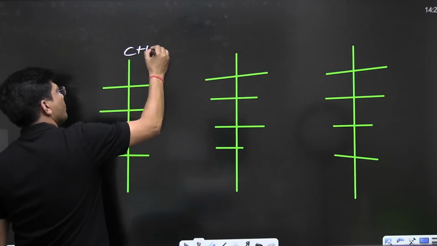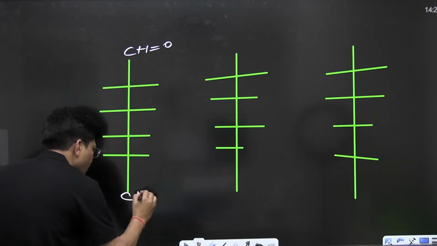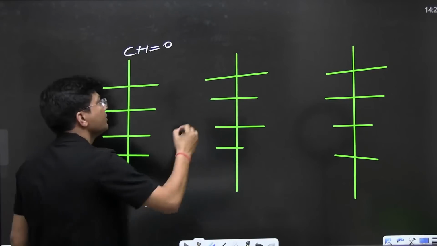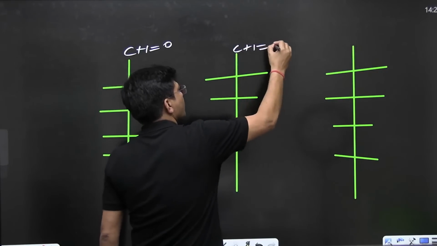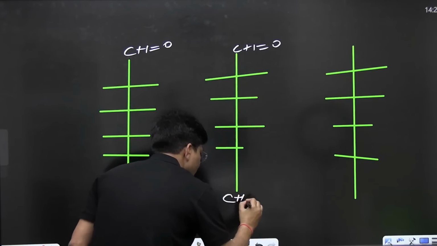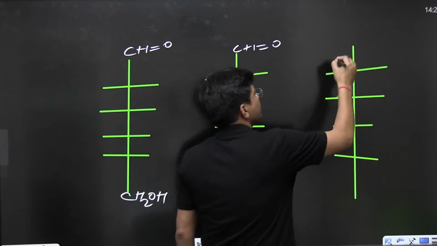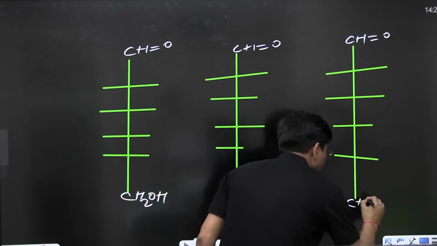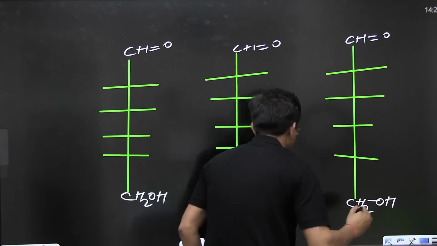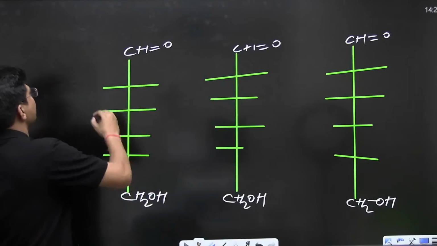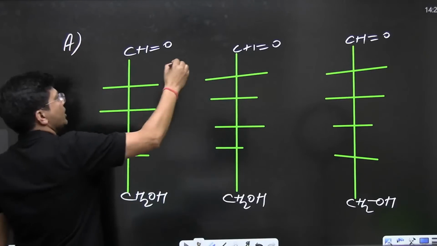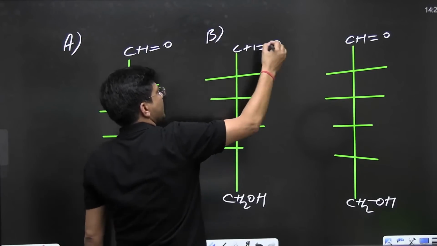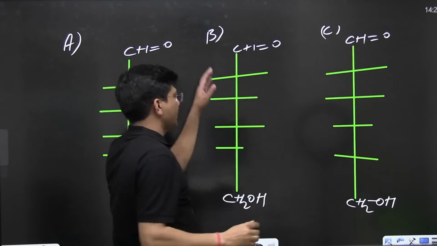CH double bond O, CH2OH common, CH double bond O, CH2OH common, CH double bond O, CH2OH common. Till now in these three structures, let me call it A, let me call it B, let me call it C, they are the same.